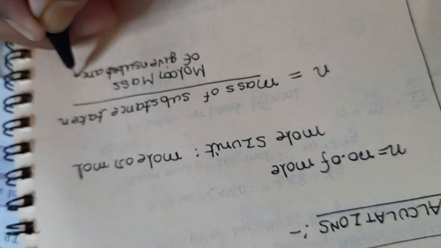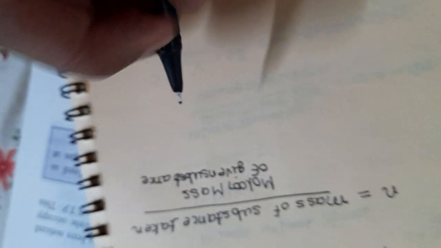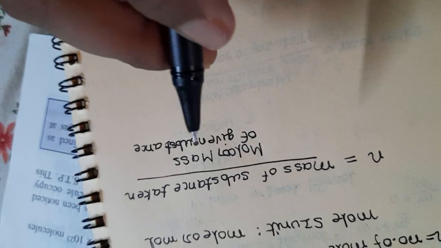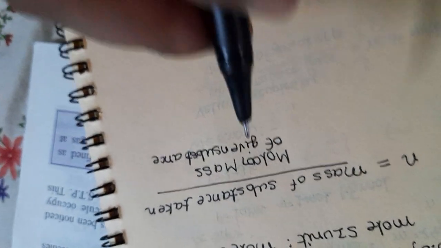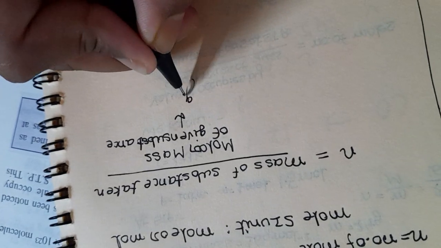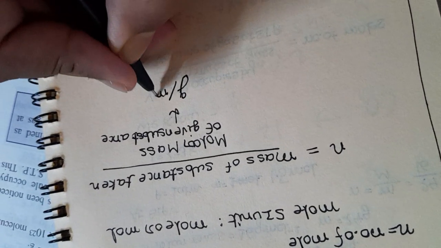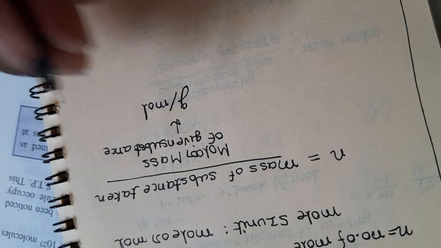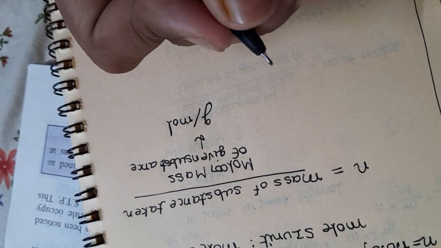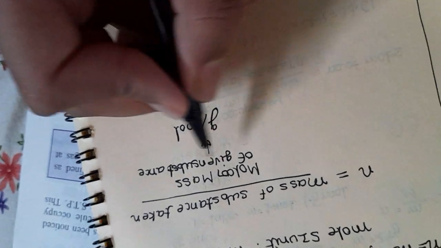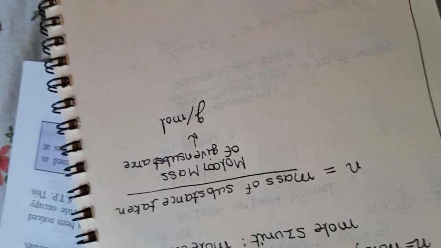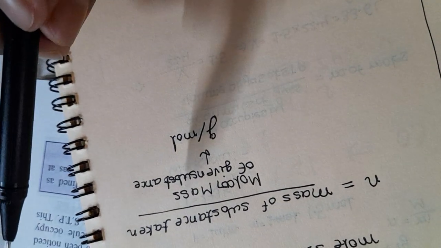Remember, for gram atomic mass you take the unit gram. For molar mass, though, the unit is gram per mole, for every mole. So for every mole, how many grams? For 1 mole, it means 1 gram. So 1 mole of that substance is 1 gram.